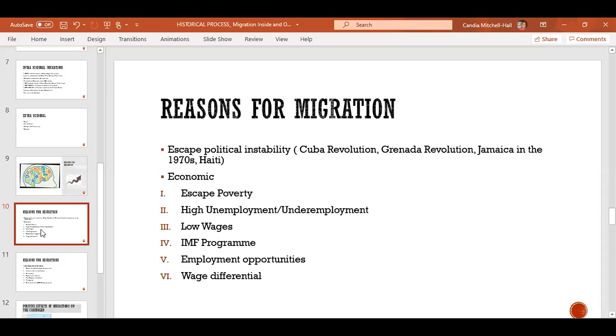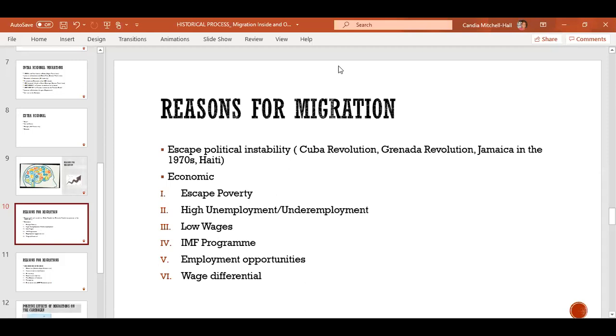A lot of Jamaicans migrated during the 70s and 80s. If you should ask any of your family members currently living in the United States or Canada or UK in which year they would have migrated to these territories, they would tell you maybe 1974, you know, left in 1980.